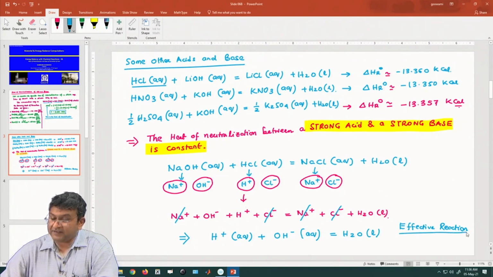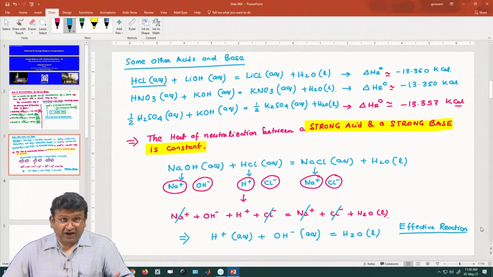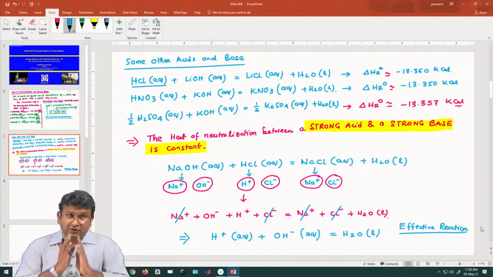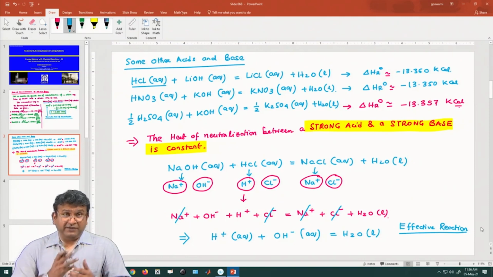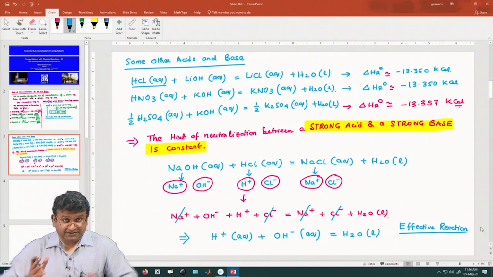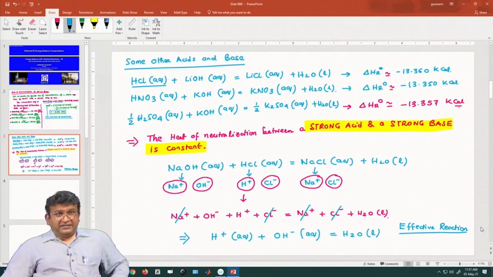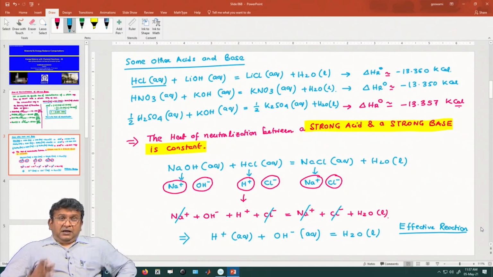as Na plus and Cl minus remain dispersed as ions, right. So, what is the genesis of Na plus? Na plus comes from NaOH, but once it enters the aqueous medium, it is in the form of Na plus. Though effectively it forms NaCl by reacting with HCl, right? Why does it actually form?